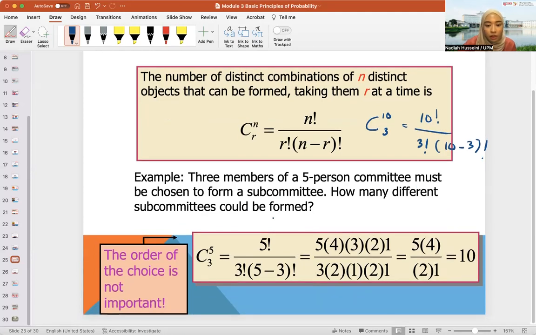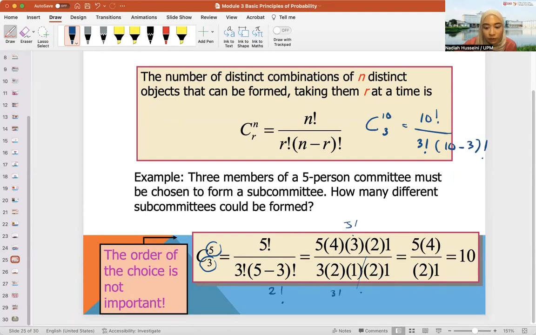So here you have N as 5 and you are choosing 3. So this is it: 5 times 4 times 3 times 2 times 1. This is your 5 factorial expansion. 3 factorial is 3 times 2 times 1. This is expanding your factorial. And 5 minus 3 is 2 factorial. Expanding this is fairly easy: 2 times 1.